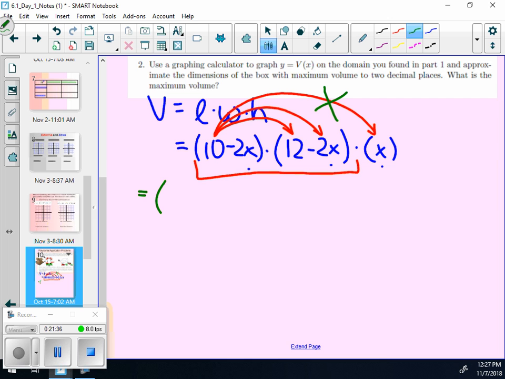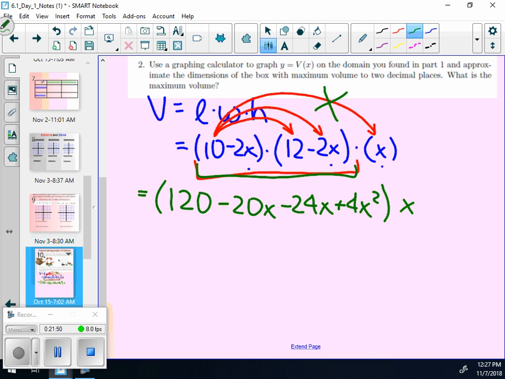So if we are distributing these first two factors out, I get 120 minus 20x minus 24x plus 4x squared. And all of that will eventually be multiplied by x, which will give me 120x minus 44x squared plus 4x cubed.